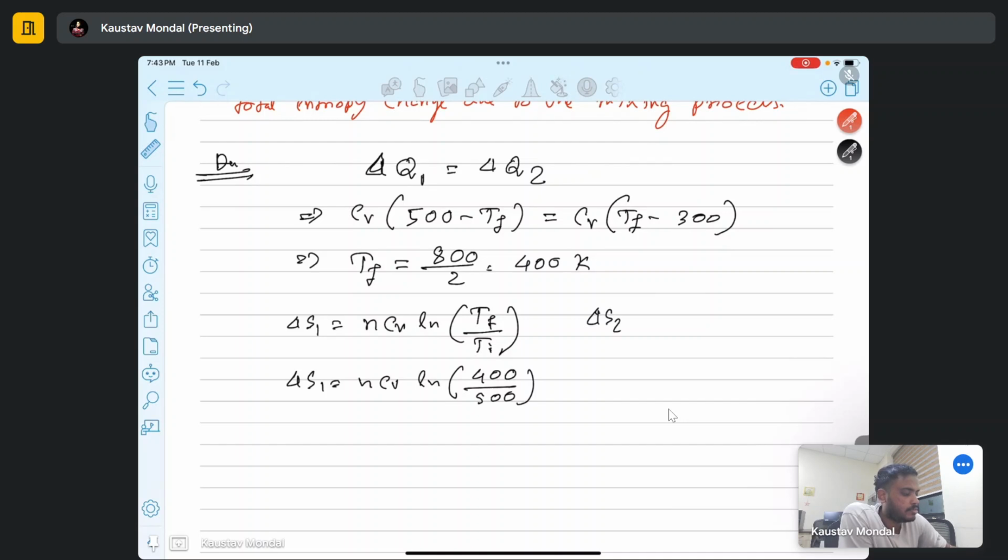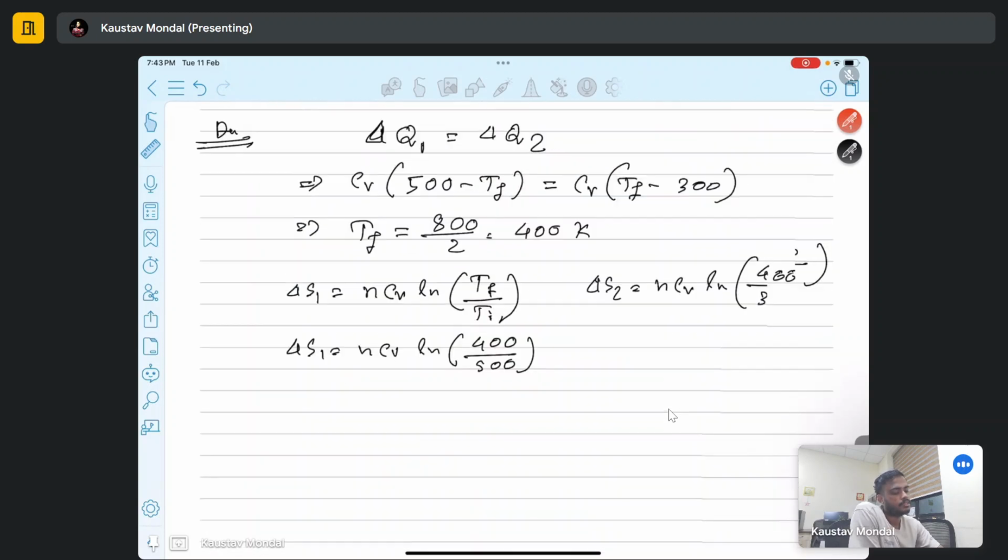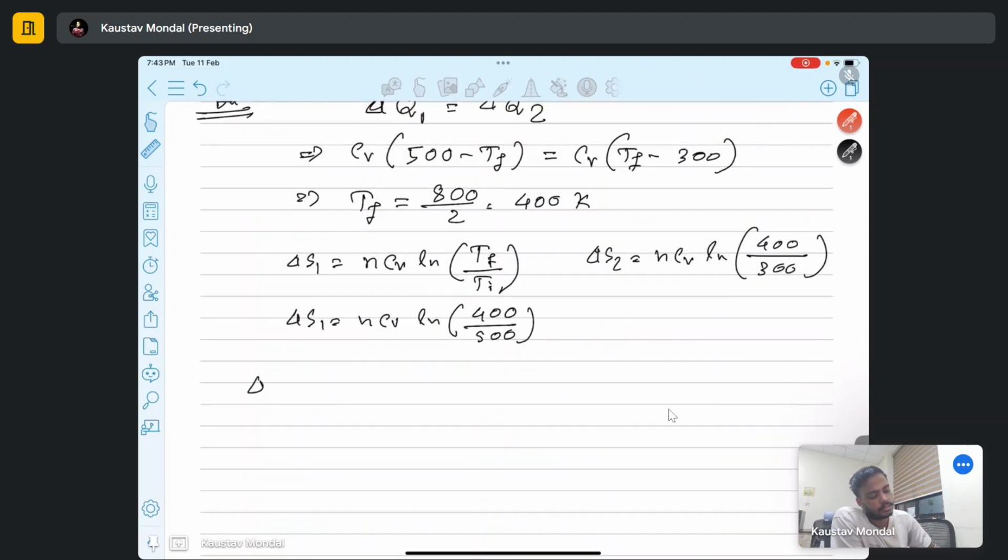Similarly, delta S2 will be nCV ln of T final, 400, by the initial 300. So this is the entropy change due to the temperature. Delta S will be delta S1 plus delta S2.